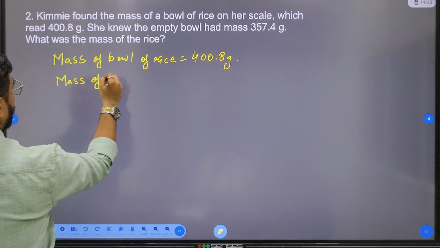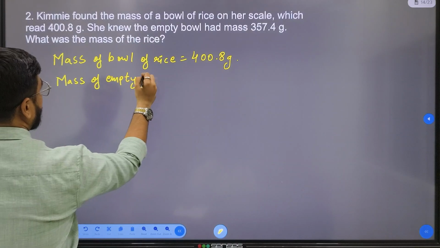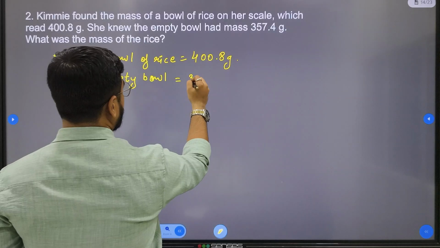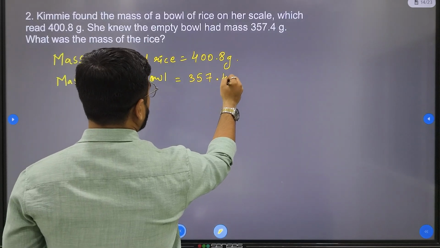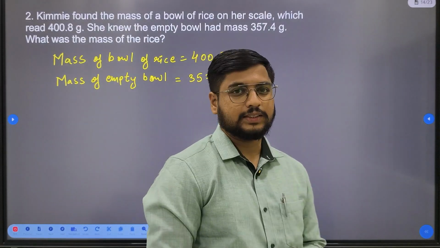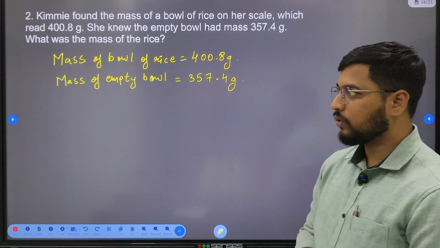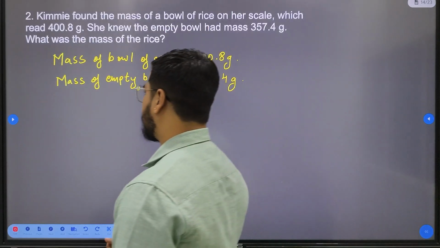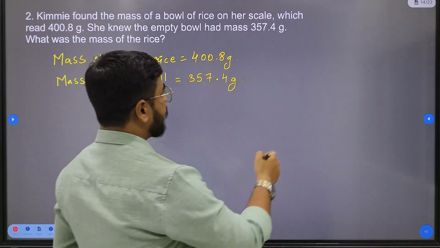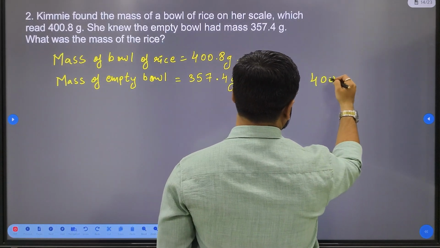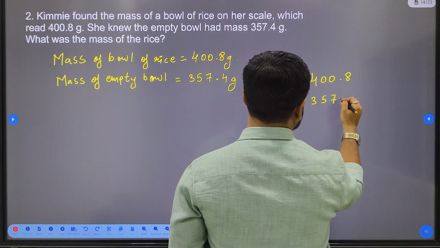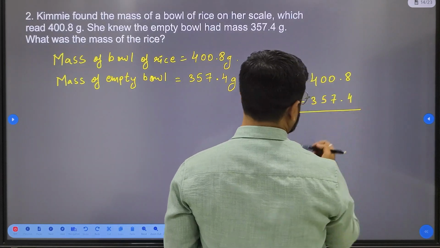Mass of empty bowl, that is 357.4 grams. What was the mass of rice? So we have been asked to tell the mass of rice. Let's find it out. It's the same subtraction question. So we have to just subtract 400.8 minus 357.4.